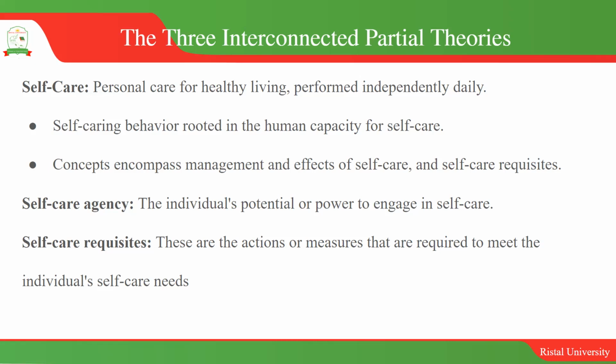Okay, but you also have those who are sick and they cannot really take care of themselves. They cannot do what you call self-care. So the power or the potential to engage in self-care activities is what you call agency.